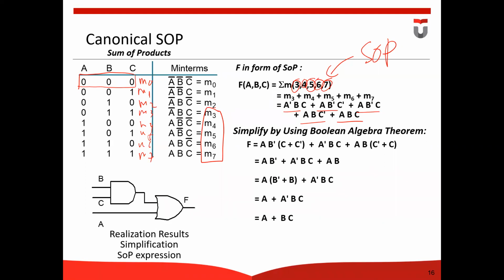Okay. Now, how about if we try to simplify this long function? A naught BC, AB naught C naught, AB naught C, ABC naught, ABC. Just like in our previous example, we try to find the same element in these 5 parts.